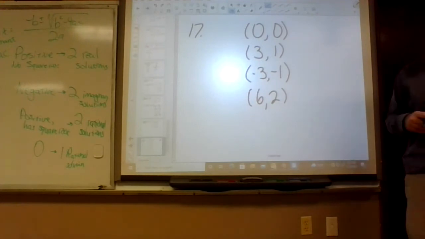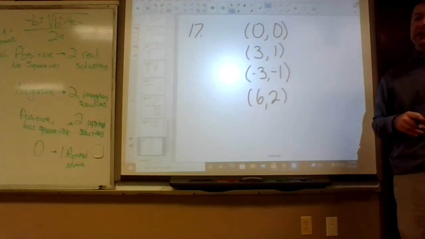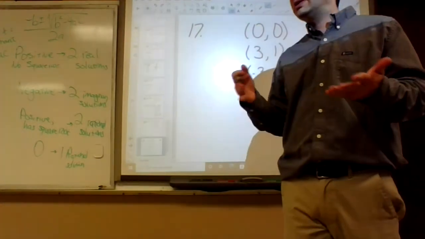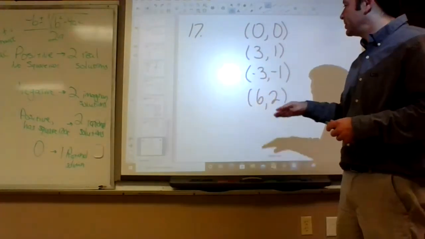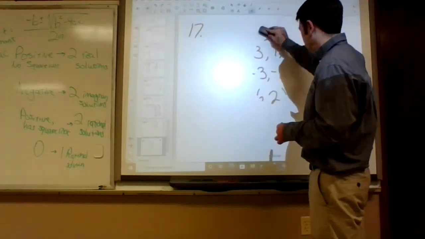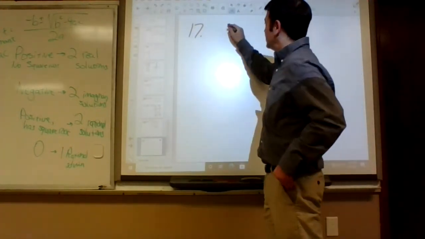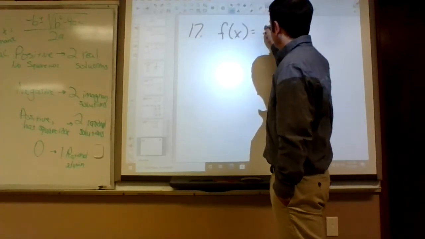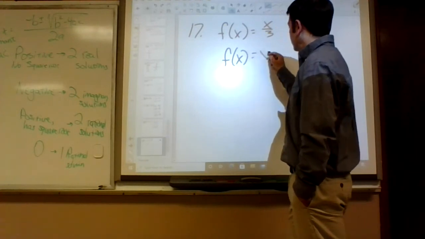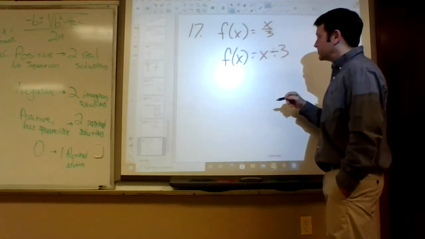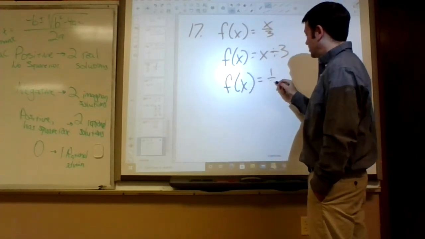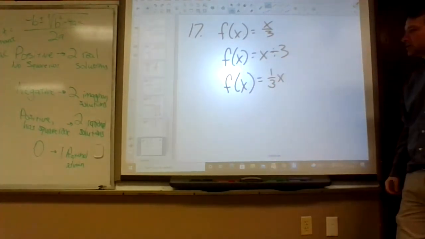If you guys were 15, 1/3 of your age would be 5. That's the same thing as 15 divided by 3. So there's a lot of ways we could write that: x divided by 3 with the division bar, x divided by 3 with the division symbol, or 1/3 x.